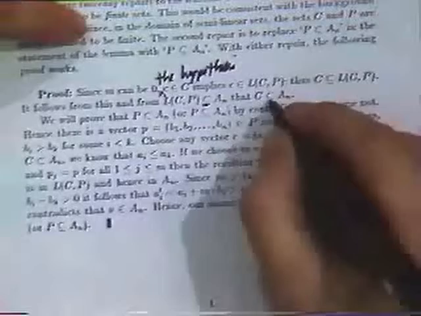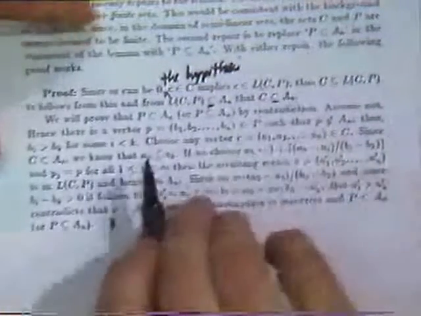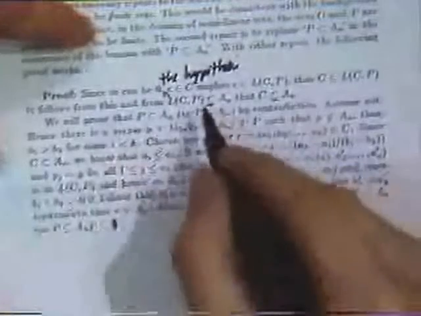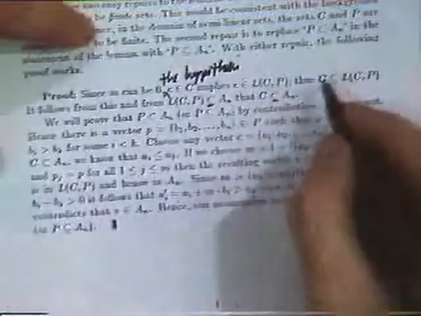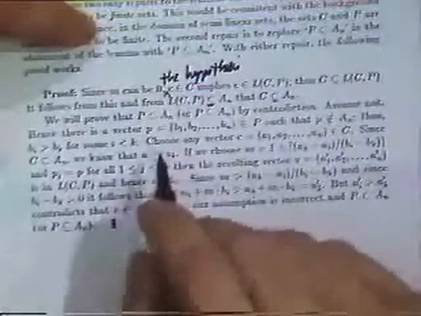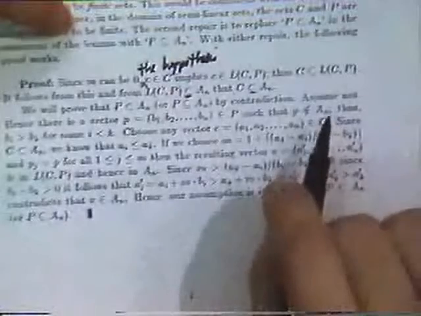It follows from this and from this that C is contained in A sub n. Yeah, he's doing the logic. He's trying to repair it in either direction. But I would assume, let's just make this correction: less than or equal over here. So we will prove such and such by contradiction. Assume not. About them, sentence fragments.